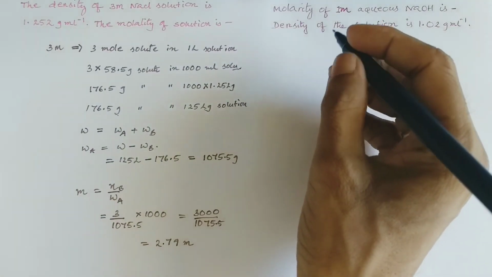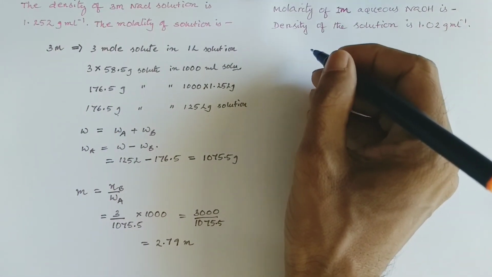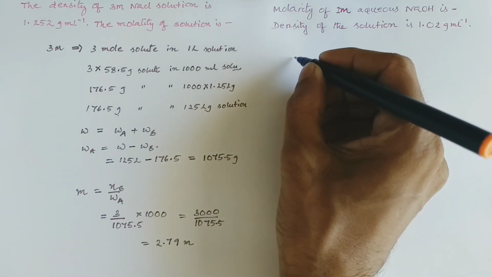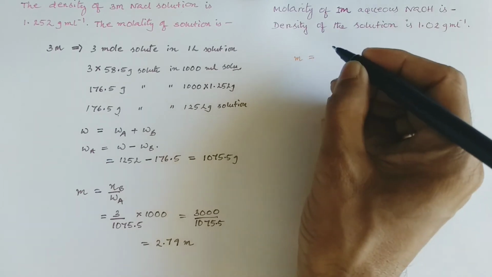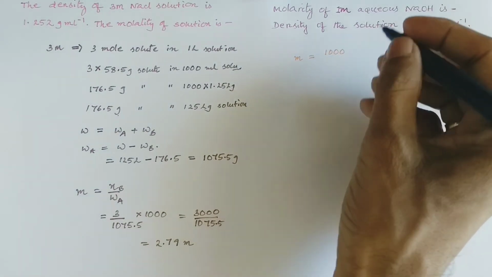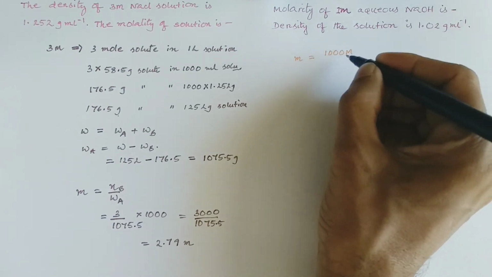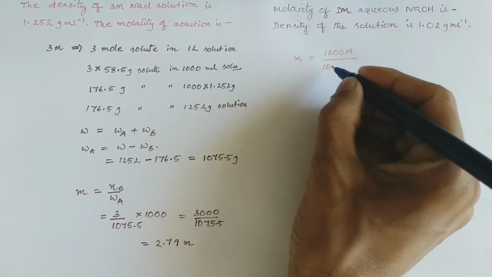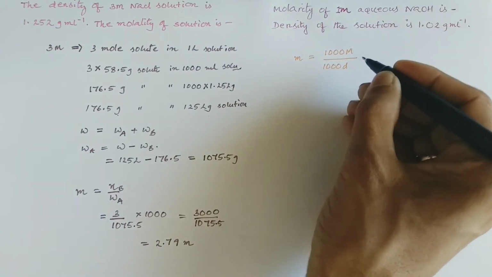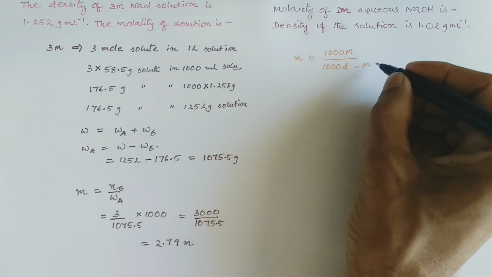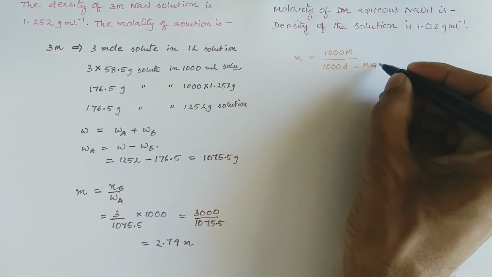What is the relationship between molarity and molality? Molality m is equal to 1000 into molarity divided by 1000 into density minus molarity into gram molar mass of solute.